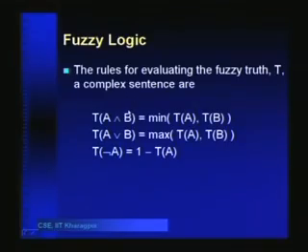The first one. Suppose T of A is 0.1 and suppose B is not A. So T of A and not A will be 0.1. Yes. It should be 0. No. No.